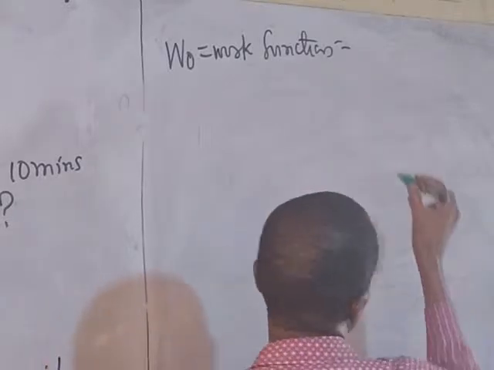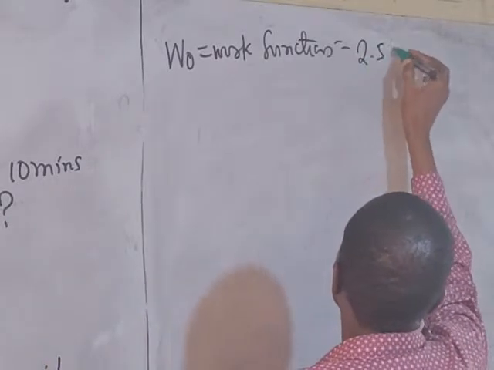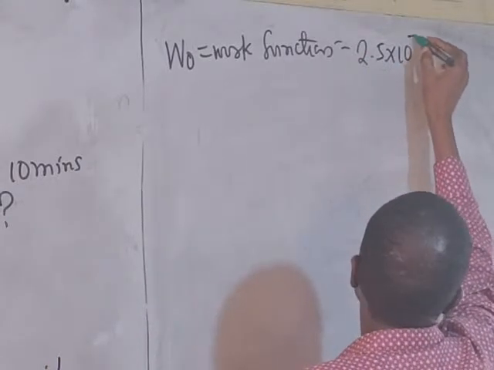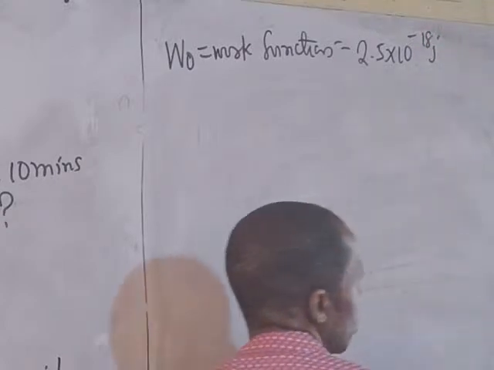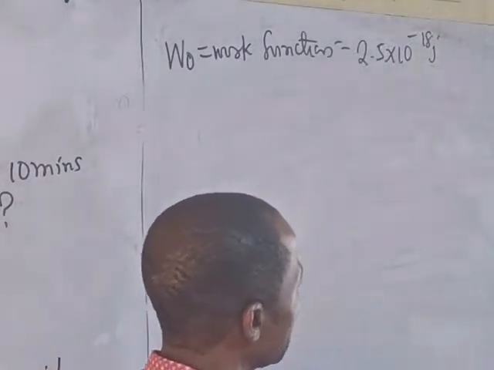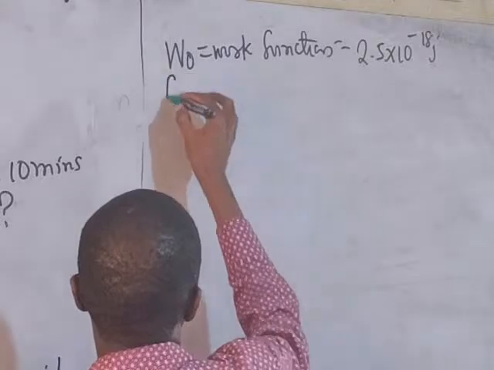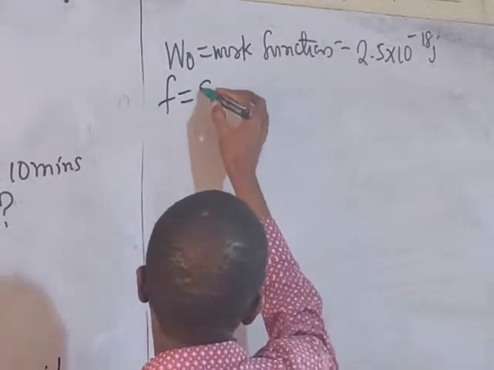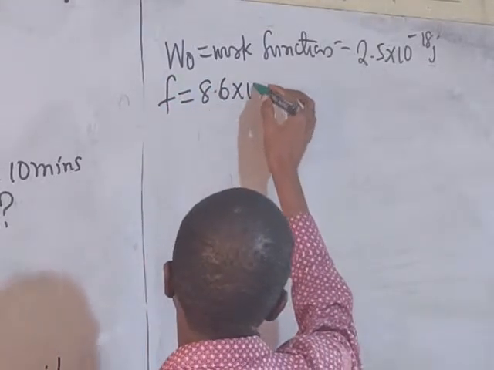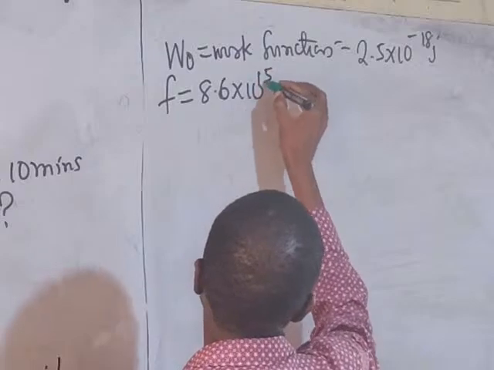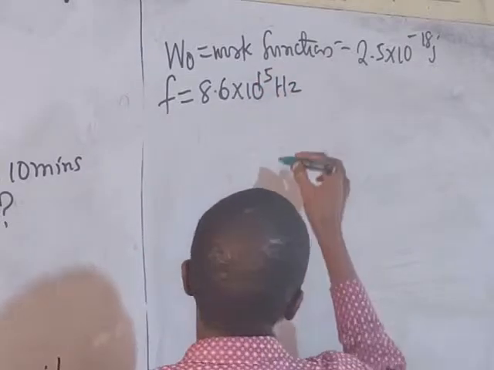I've been given the work function to be 2.5 times 10 to the power minus 18 joule, and the frequency of the light, f, to be 8.6 times 10 to the power 15 hertz.